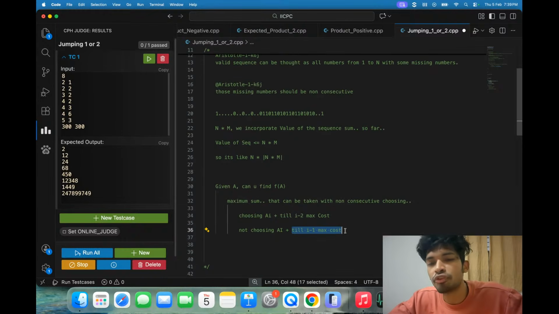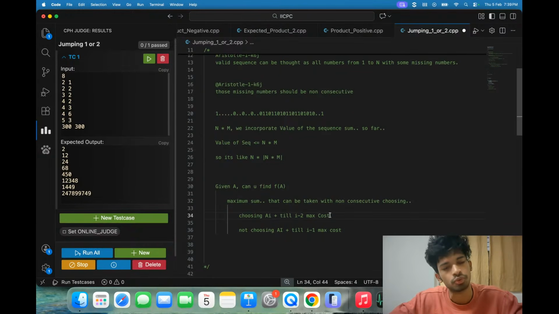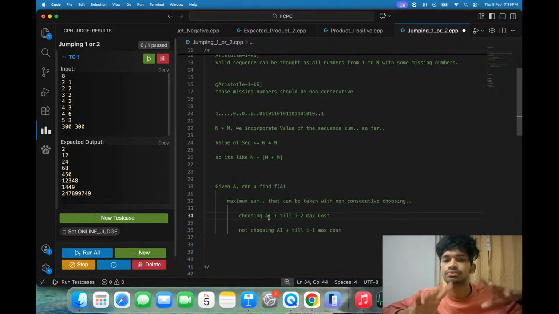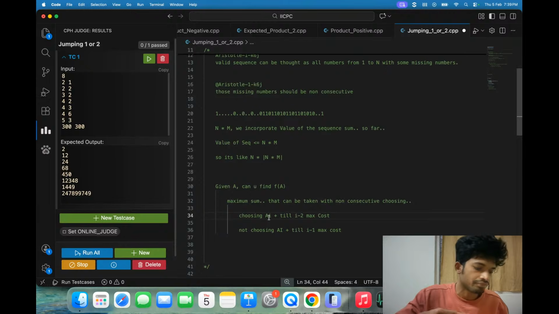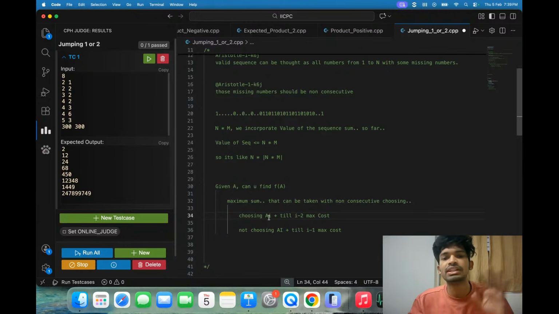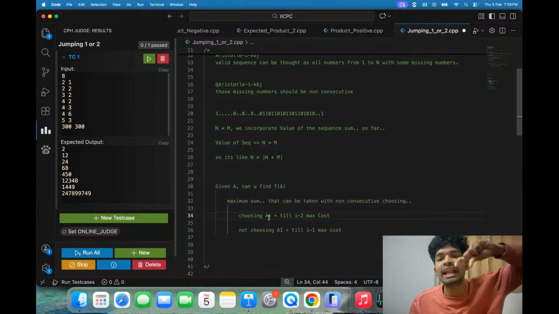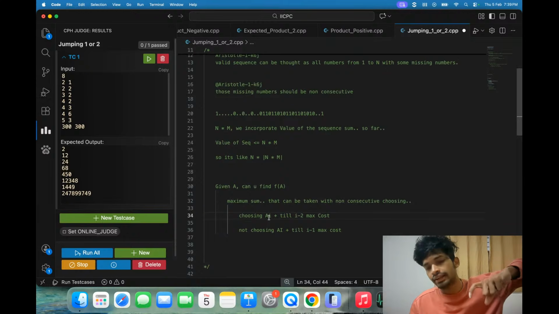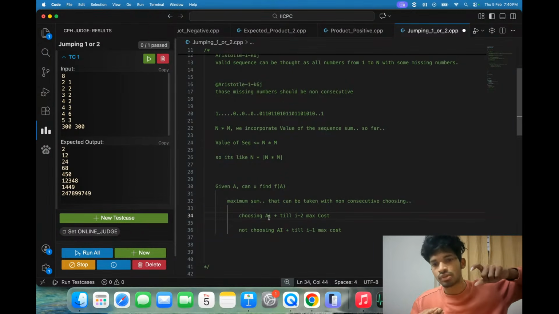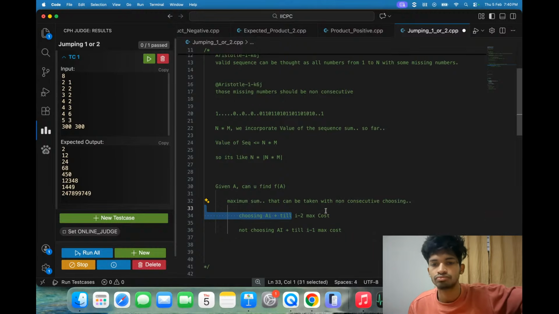Maybe you can brute force this value. Maybe you can split the different configurations of A based on the value that is possible for i minus 2 max cost.